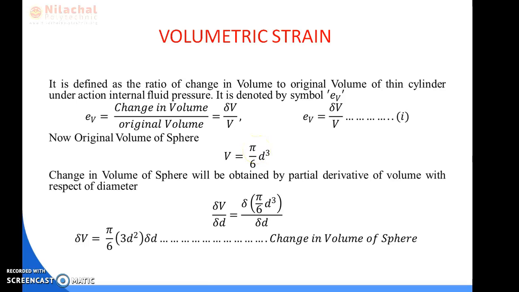The change in volume of sphere can be obtained by taking partial derivative of volume with respect to diameter. So del V by del D, now the expression will be del V by del D of volume pi by 6 d cube. So taking the derivative, we are having 3d square del D into pi by 6 is equal to del V, that is change in volume.